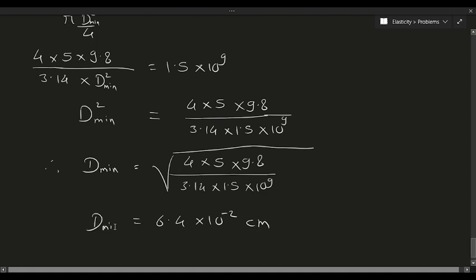If the diameter of the wire becomes less than this value, then for a given load of 5 kg, the wire will have a stress greater than the maximum stress it can suffer, the elastic limit, and it will break.